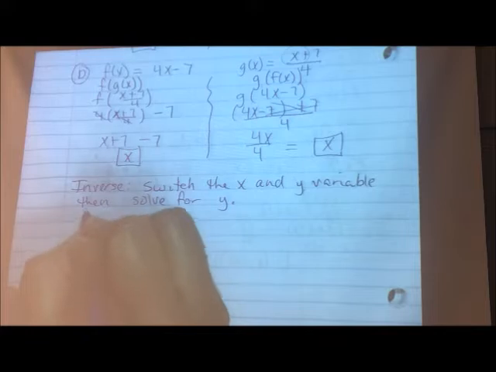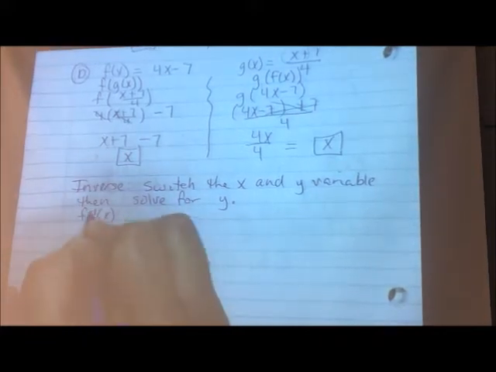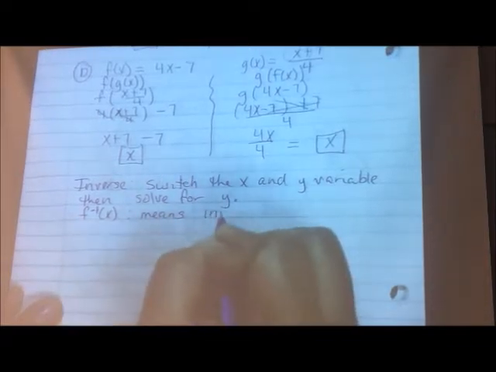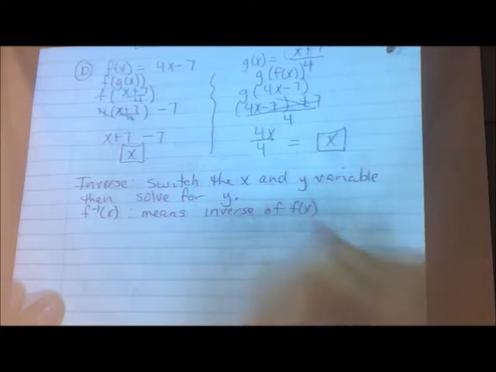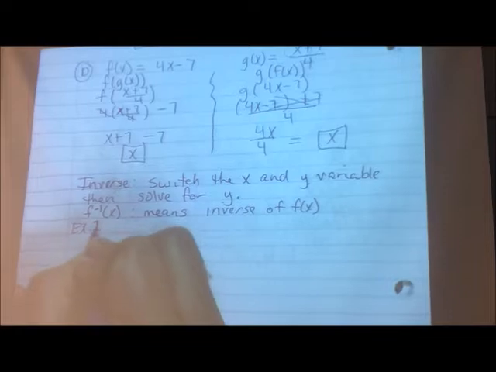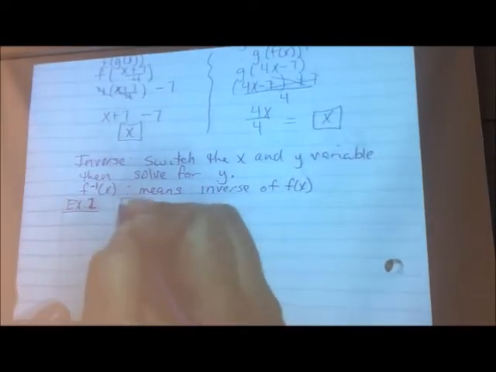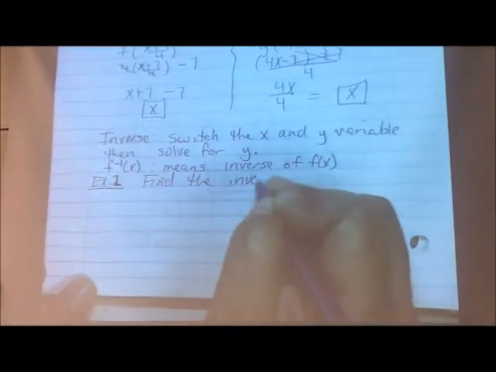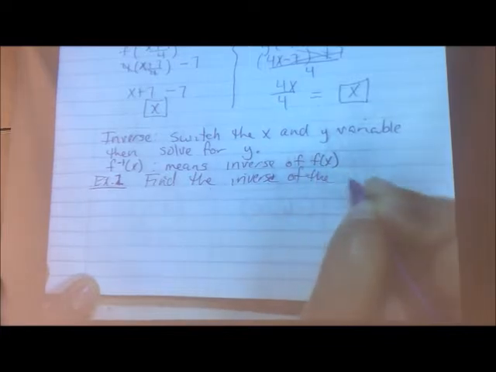They're going to use this notation f of negative 1. This negative 1 means inverse of f of x. So for example number 2, find the inverse of the following.